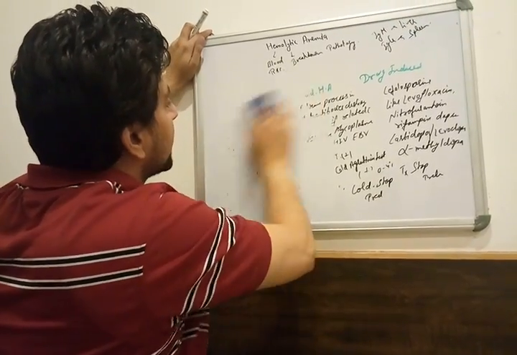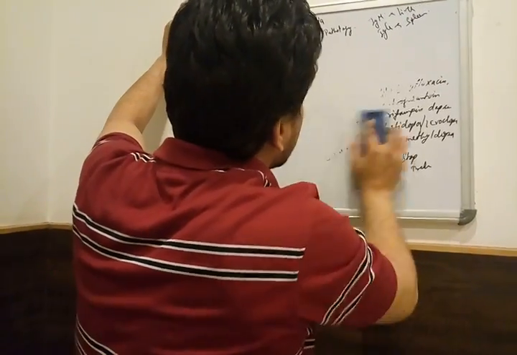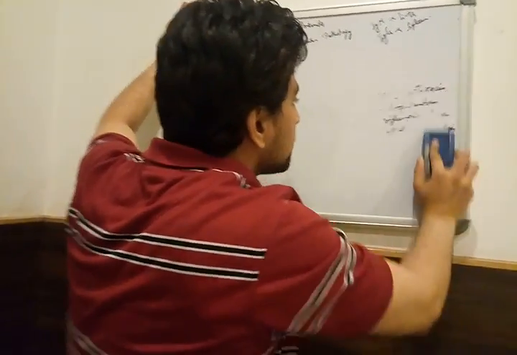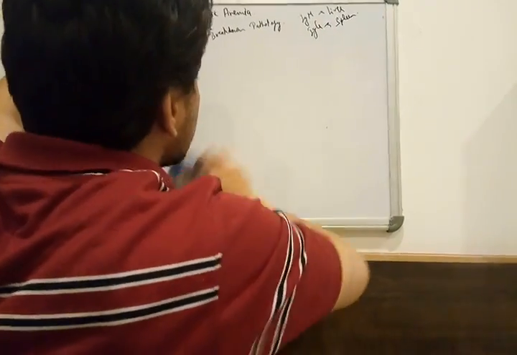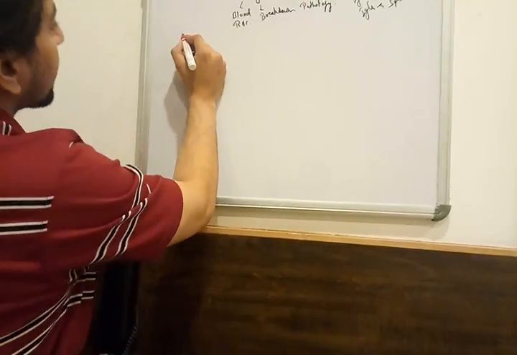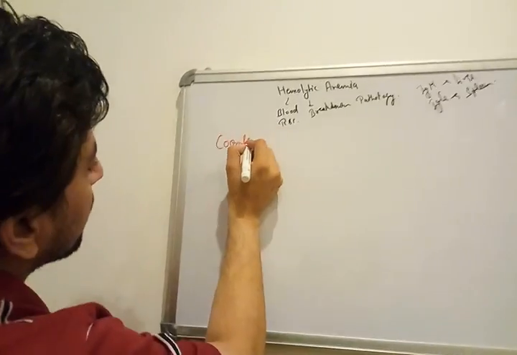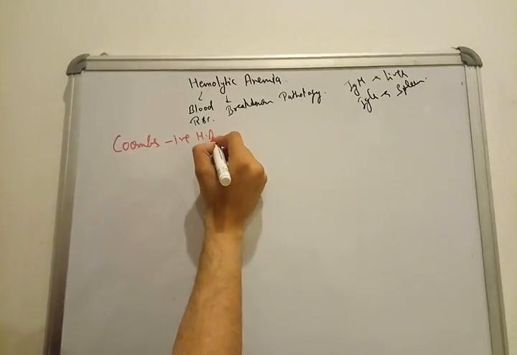There is Coombs negative acquired hemolytic anemia, where the Coombs test is negative. Do you remember the indirect Coombs test? I already explained it in the Rh negative pregnancy video, so see that video also, that will be helpful for you. But now we are going to discuss Coombs negative hemolytic anemias.